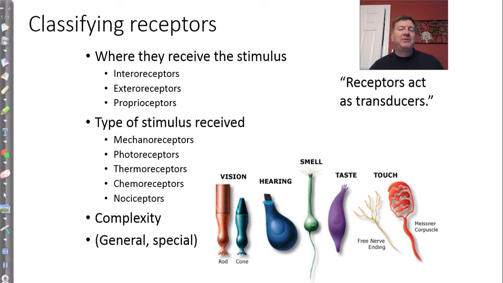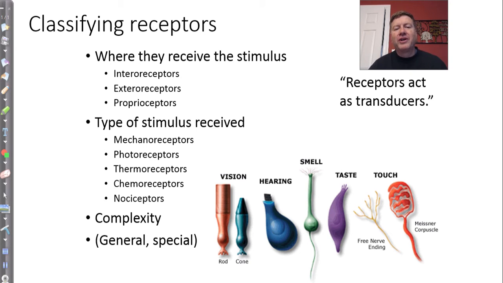We also can look at receptors based on how complex they are. You can see some rather simplistic ones over here, with the free nerve endings, which are going to be almost like exposed wires for their receptors, versus some rather complex, called encapsulated receptors like you see here with Meissner's corpuscles or in hearing.